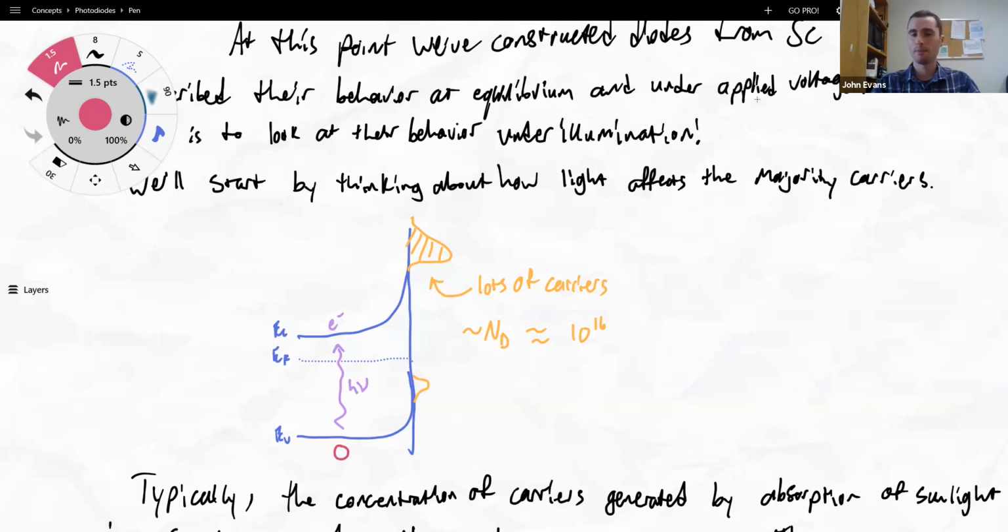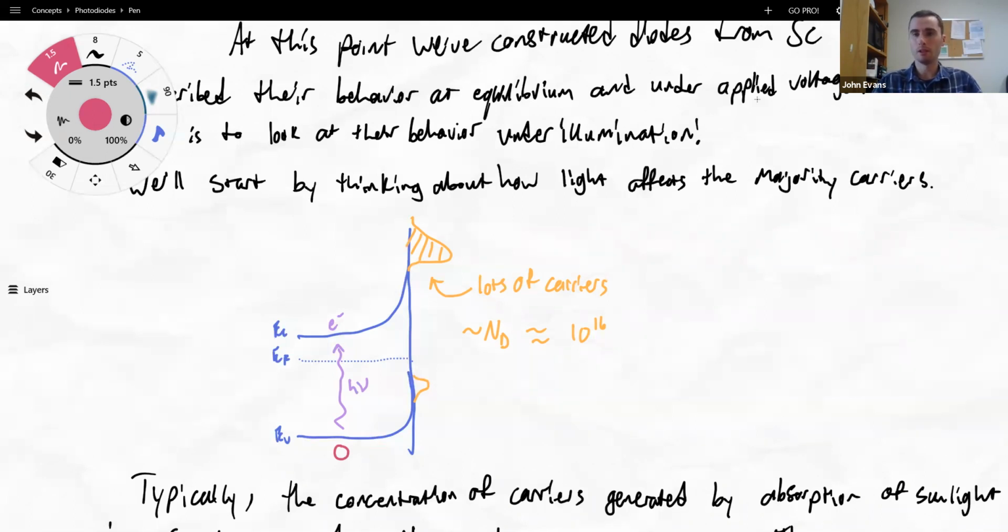Now, if we look at the concentration of both N and P type carriers in this device, the concentration of N-type carriers is pretty high. The concentration of electrons in our conduction band is rather high because it's an N-type semiconductor. It's doped.